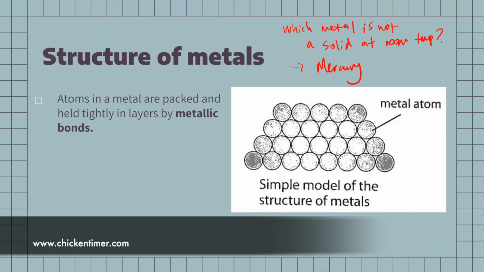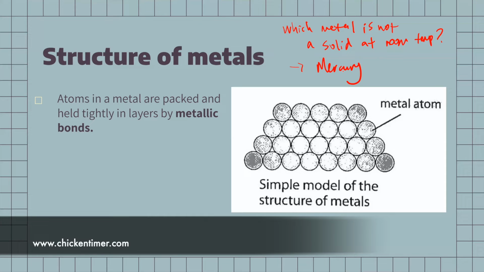So that means most of the metals are in solid state at room temperature. So how are the atoms arranged in a solid? Closely packed in a regular arrangement. Yes. So you can relate that to the metals here.